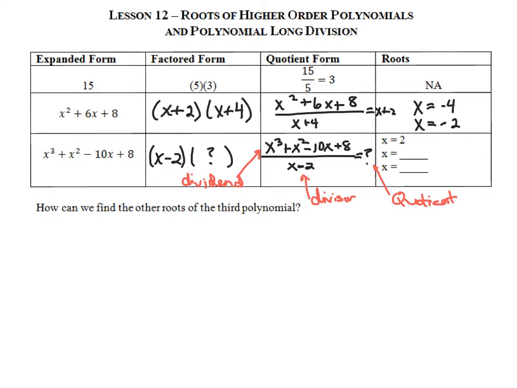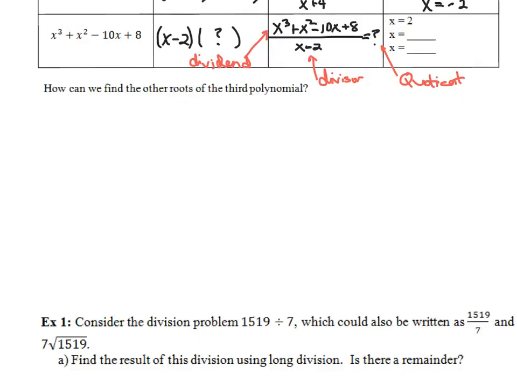So let's take a look at the method that we are going to use to find that second polynomial, that quotient for this problem. When we want to divide polynomials, we're going to write it very much like we would have written long division of numbers. So I'm going to write the dividend, x cubed plus x squared minus 10x plus 8.